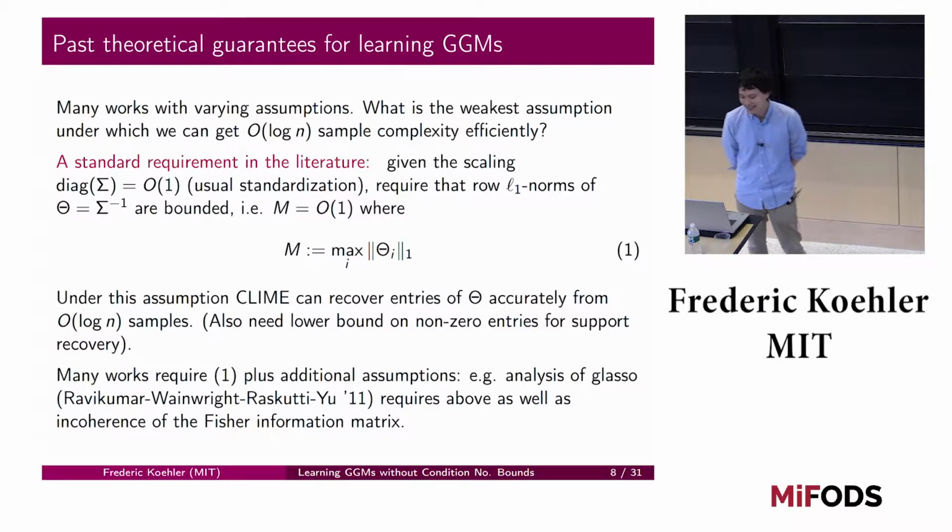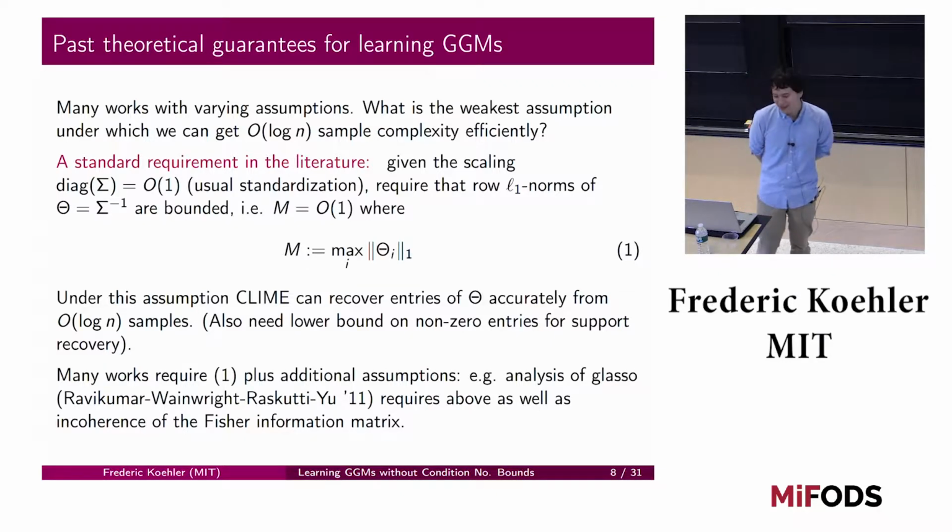It says that when I look at my precision matrix theta, which is supposed to be sparse, I would hope that the L1 norm of the rows of theta is also not too big. Again, the intuition is that L1 norm is like sparsity.